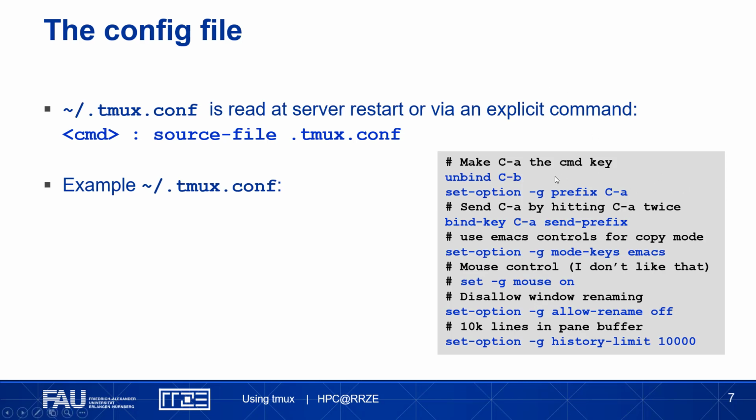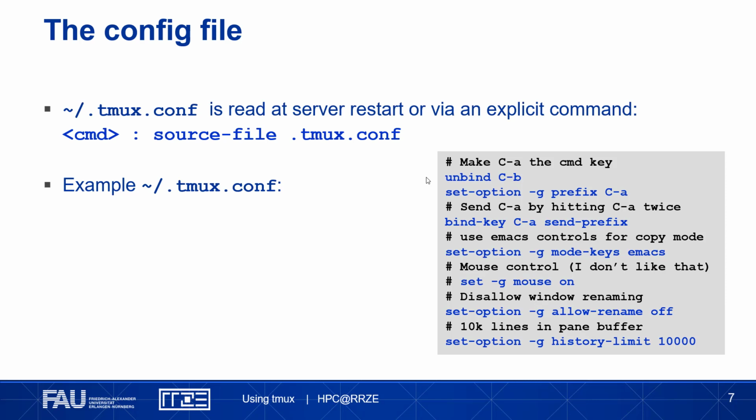So here in this gray box, this is my personal config file with some options I find useful. It's very simple compared to other stuff you find on the internet, but it's still interesting. For me, the default command key, Control B, is not so convenient. I like something quicker to type.